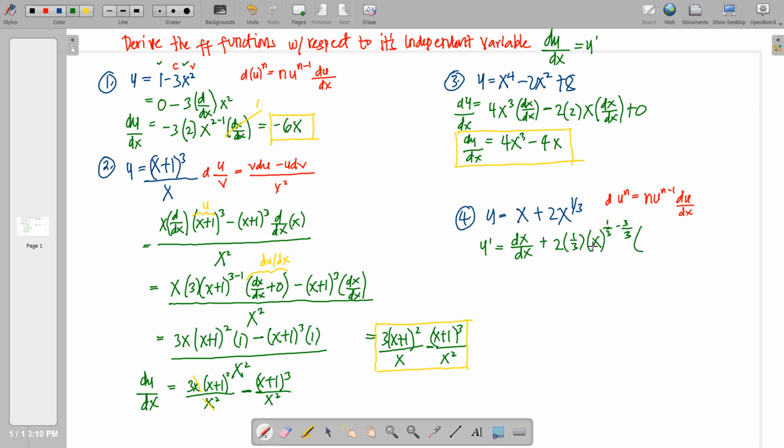And then derivation of u, which is x dx all over dx. Okay. So you can see now that y prime is equal to 1 plus, so this is 2/3 x raised to negative 2/3 times 1. So finally, we have 1 plus 2/3.